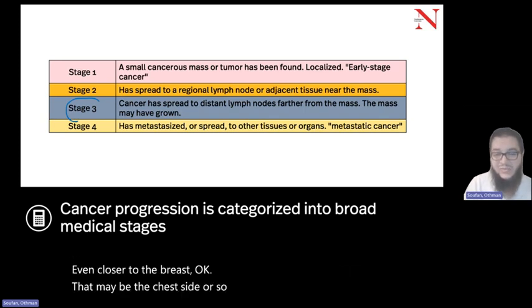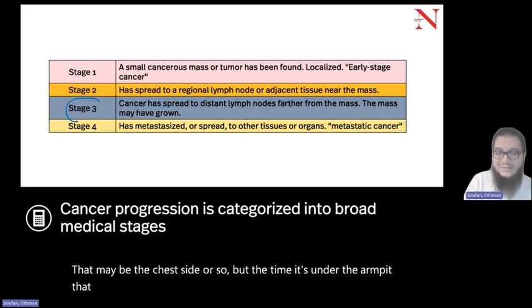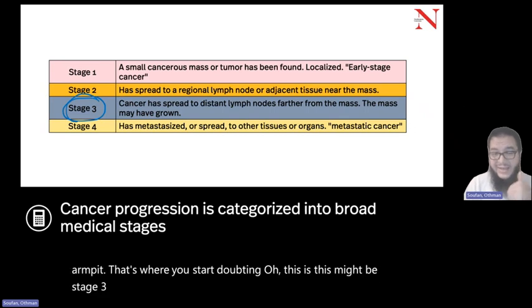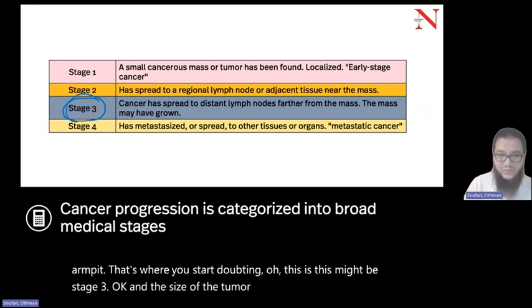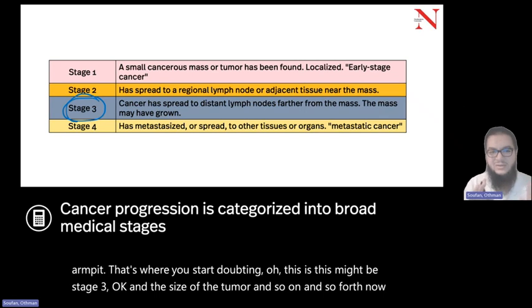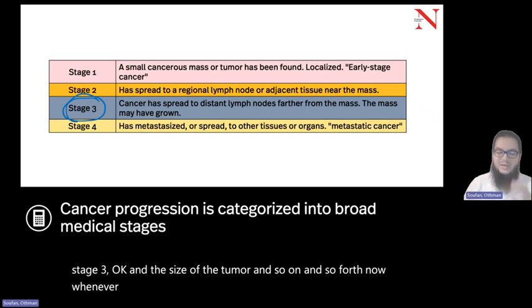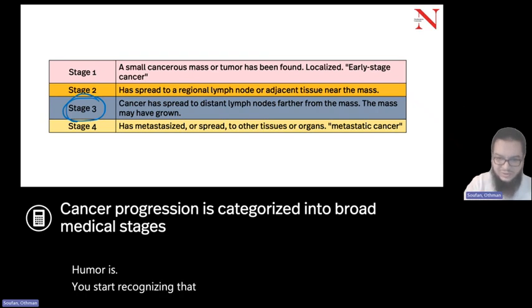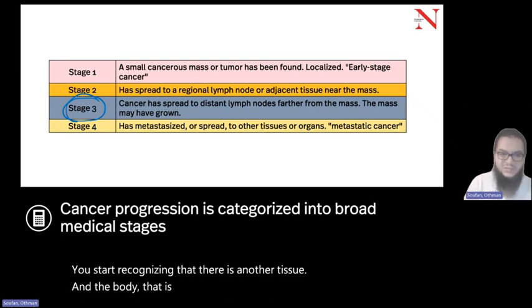By the time it's under the armpit, that's when you start doubting, oh, this might be stage 3, okay? And the size of the tumor and so on and so forth.